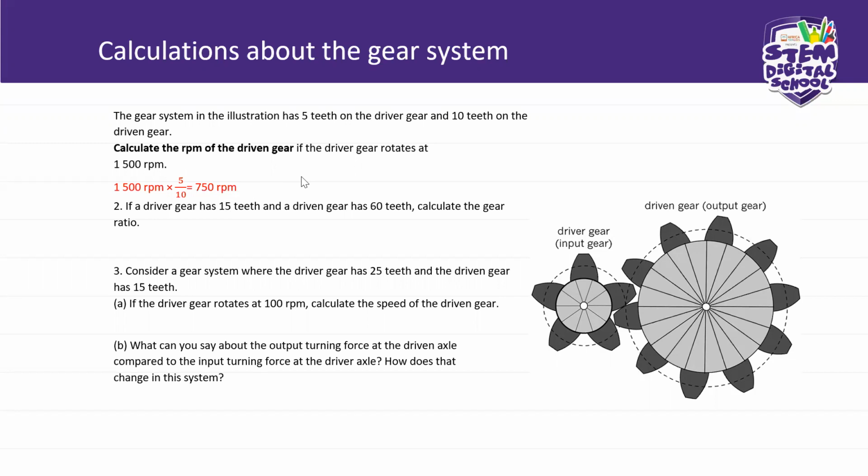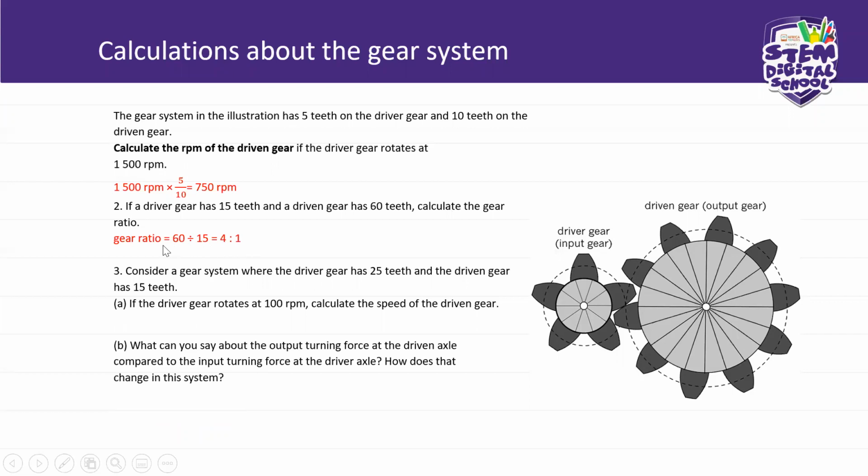Natalie, do you understand me now? Okay. If a driver gear has 15 teeth and a driven gear has 60 teeth, calculate the gear ratio.